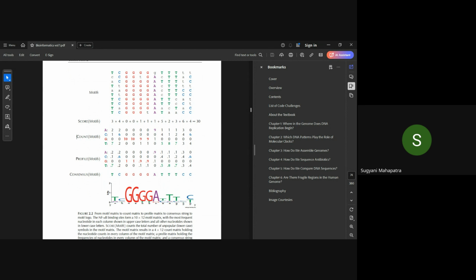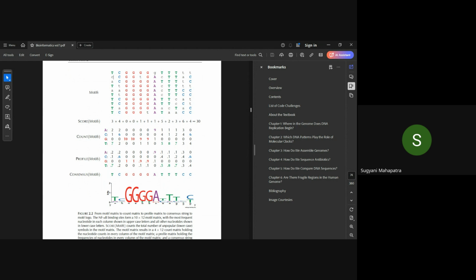For example, in the first position, if we search for A, how many motifs contain A at the first position? A is in the third motif and in the fifth motif, so there are two. Similarly, for C there is one motif containing C at the first position, so C has the value 1 in count, and T has the value 7.